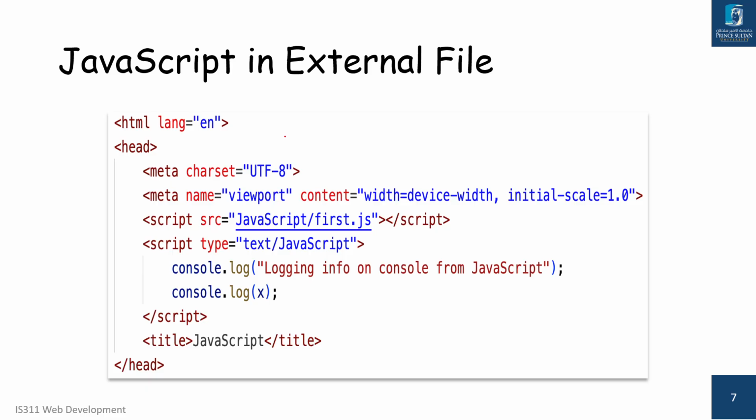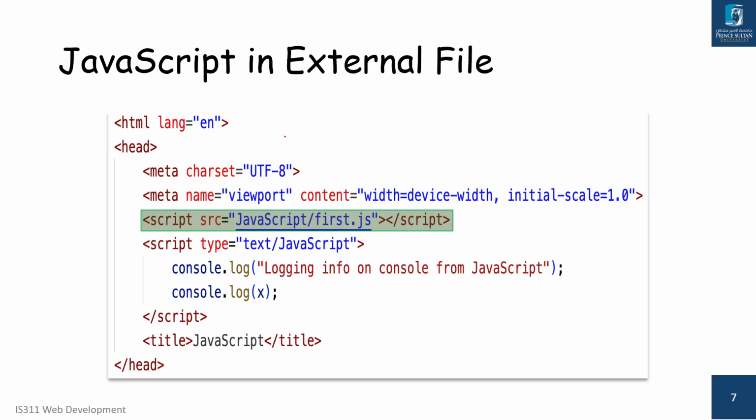Then we can also write in an external file, just like CSS. If we have written our CSS in an external file, then we need to create a link inside our HTML file to that external file. Similarly, if we write JavaScript in an external file, then we need to tell our HTML file where that JavaScript exists. So here we write something like this. Rather than link rel equal to stylesheet, we write a script tag, and inside the script tag we write the src.